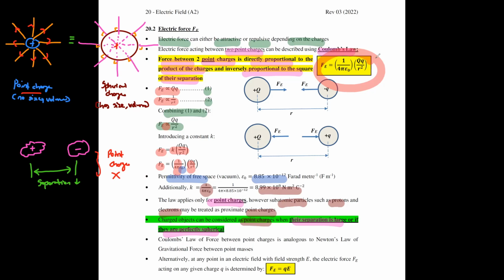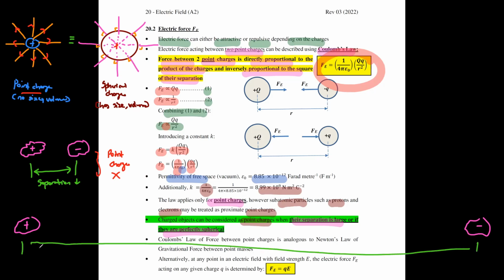But if you take the same charges and separate them so far off, let's just say all the way to the other end of this screen, you will say that your separation is very large with respect to the size of the charges. So in this case, you can assume them as being point charges. These are the only two conditions in which you can ever assume something to be point charges, all right?